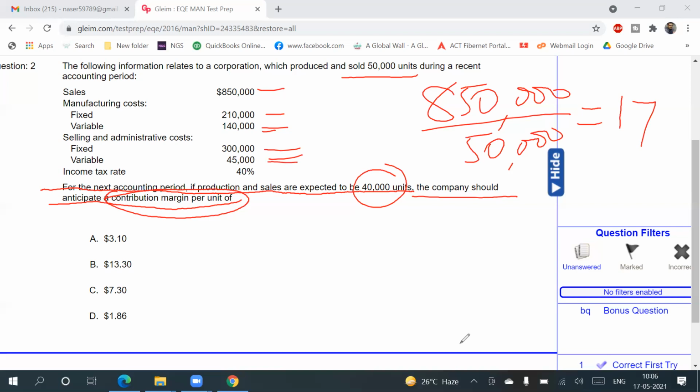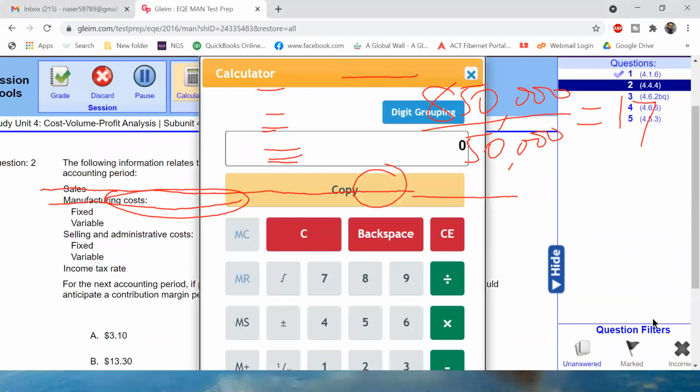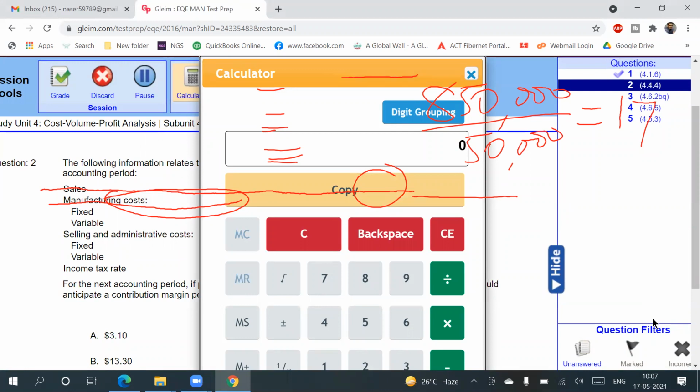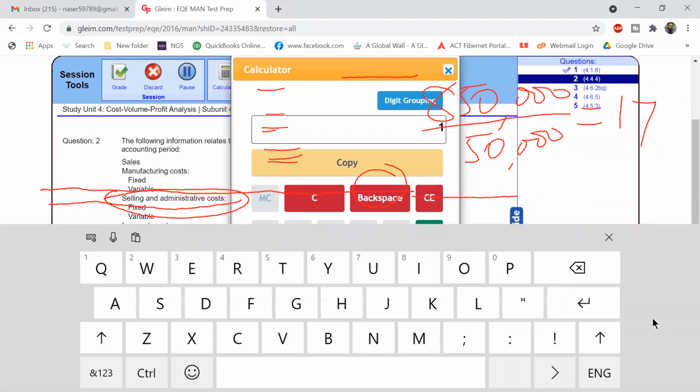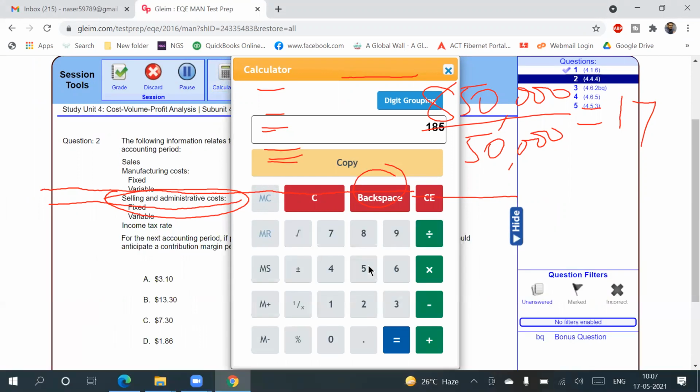So I add them both, which is 1,85,000, divided by 50,000. Let me open a calculator here. Well, I'll just do it here manually.